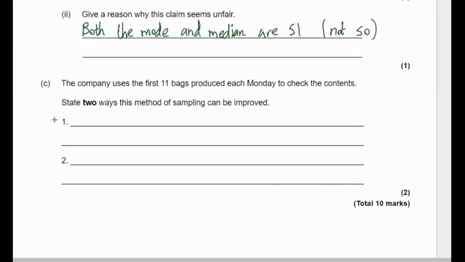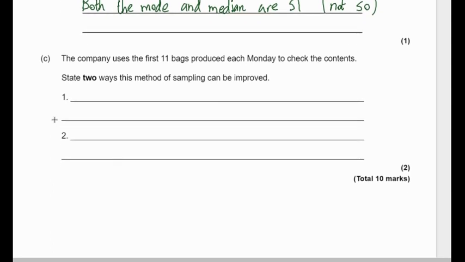If they're using the first 11 bags produced each Monday to check the contents, well, it's probably not such a good idea to only check on Monday because things can go wrong on Tuesday, could go wrong on Wednesday, Thursday, Friday, all the other days that they work during the week.